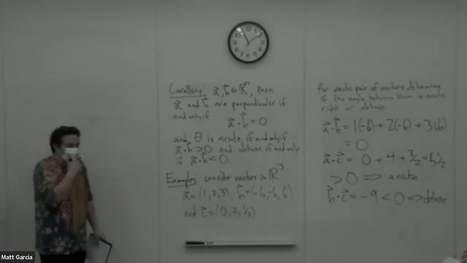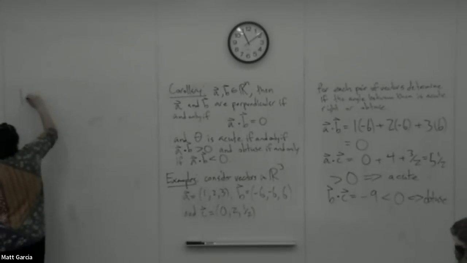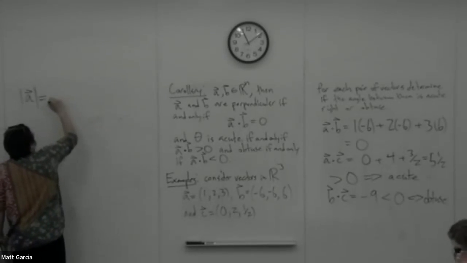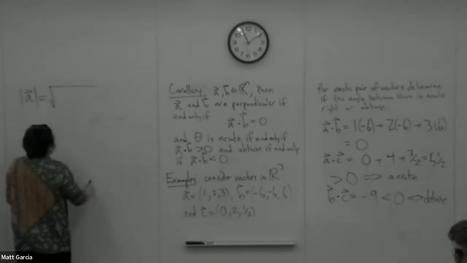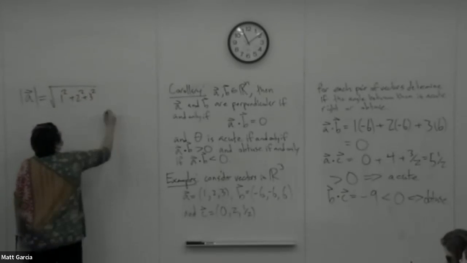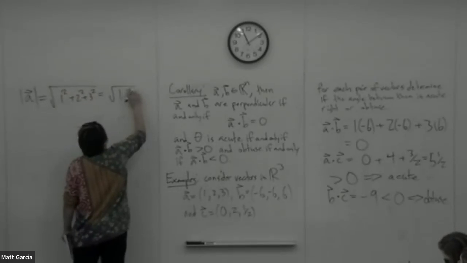Yeah, we need the magnitudes of A and C, first and foremost. What's the magnitude of A? Well, it's the square root of 1 squared plus 2 squared plus 3 squared. Or in other words, square root 14.